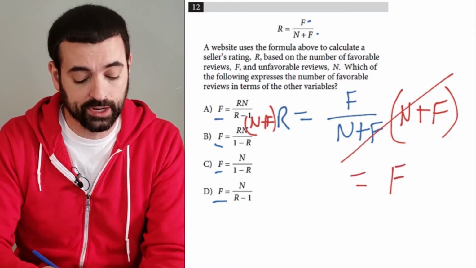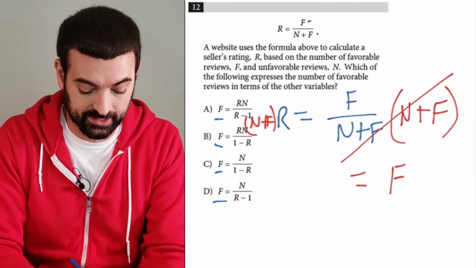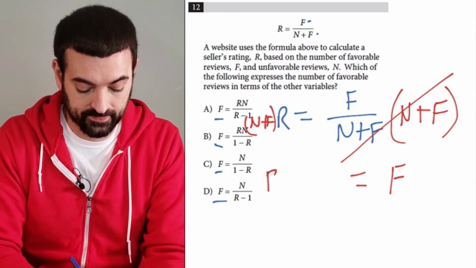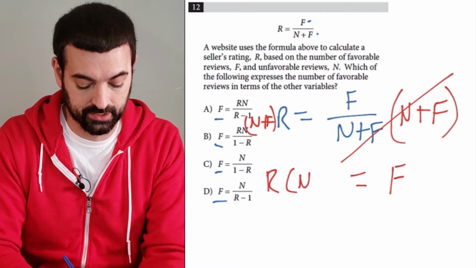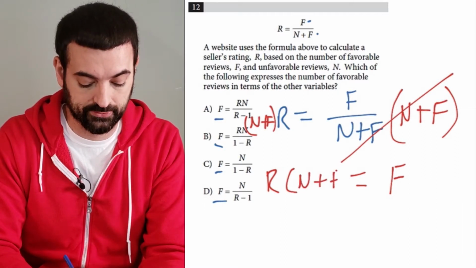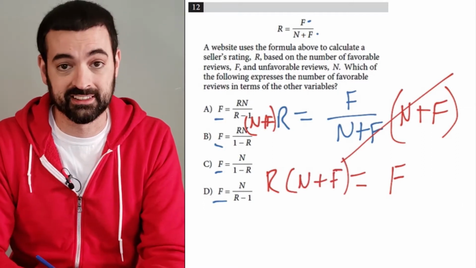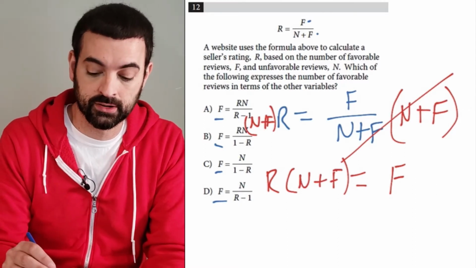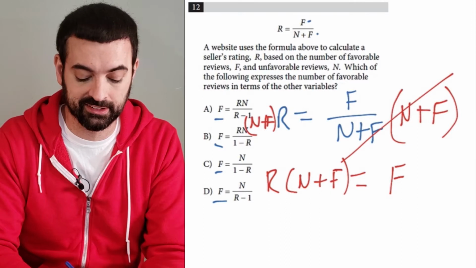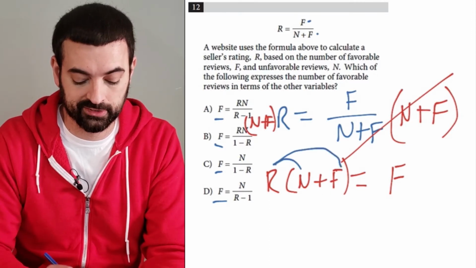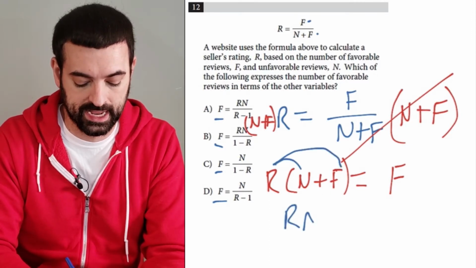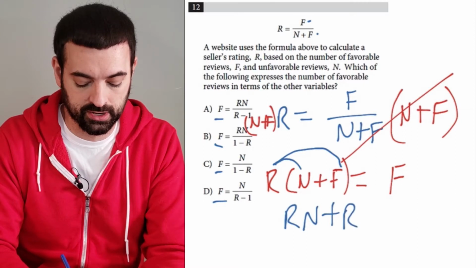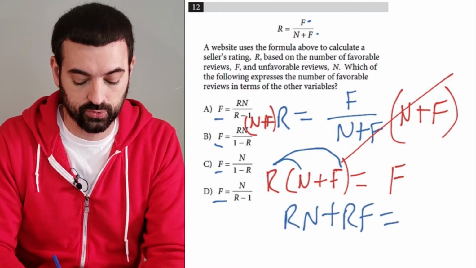I haven't quite solved for f though, because I've still got r times n plus f on the left-hand side. So I don't have f completely isolated. Don't give up here. If you see these parentheses, it's okay to distribute. Rn plus Rf equals f.